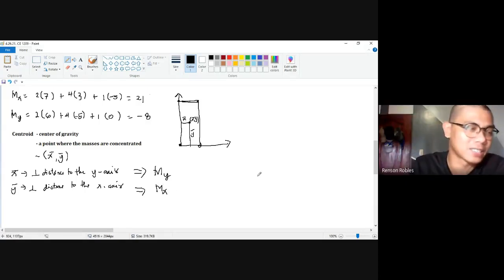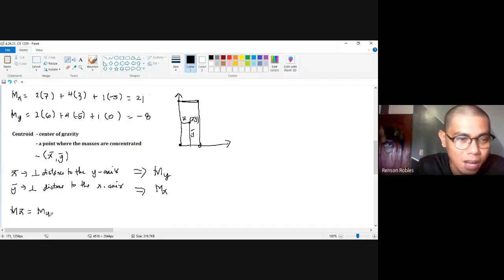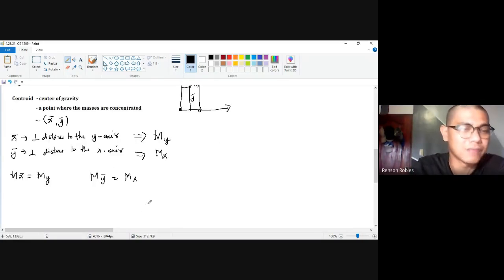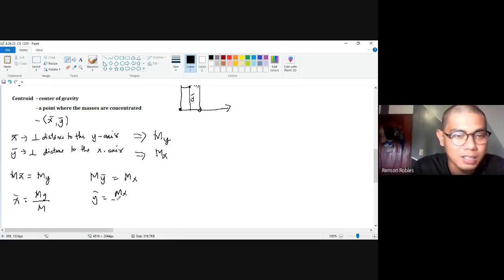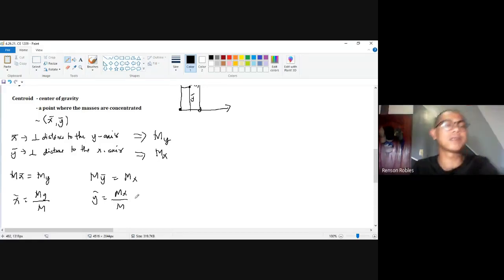Okay, moment in x, which means the sum total of all the masses times bar x is equal to moment in y, and the sum total of all the masses times bar y is equal to the moment in x. And then it follows that bar x is equal to moment in y over the sum total of all the masses, and bar y is moment in x divided by the sum total of all the masses.